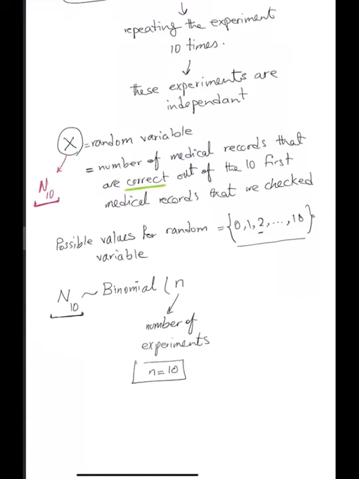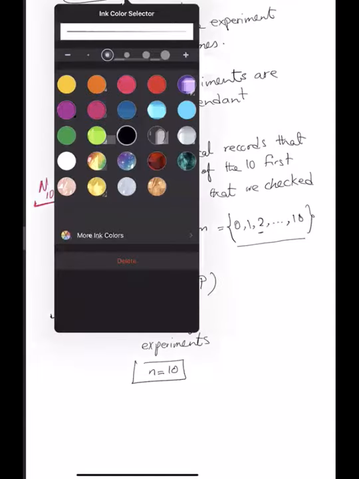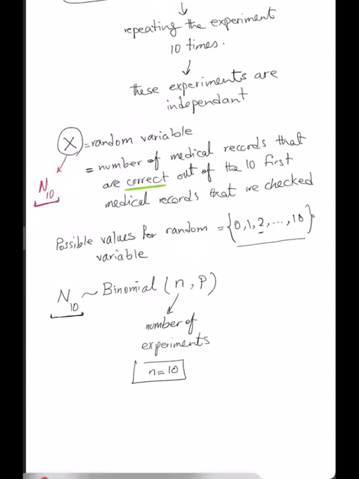What else do I need to know? The probability of success. This is the probability of success in each experiment. And here, what is the probability of success?